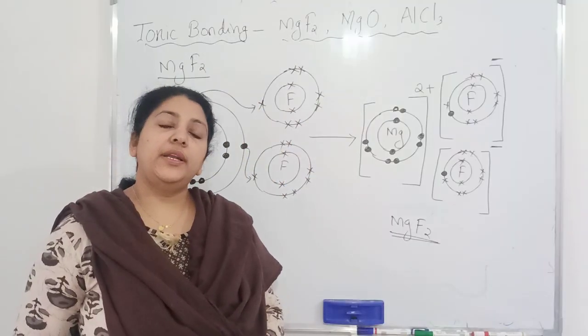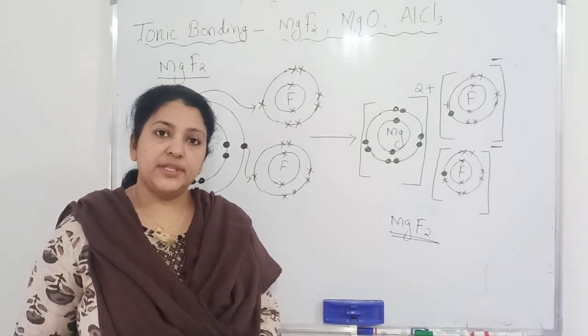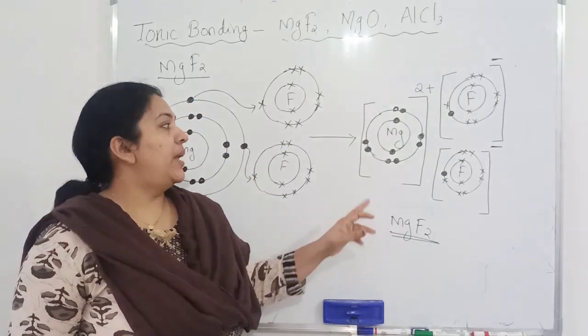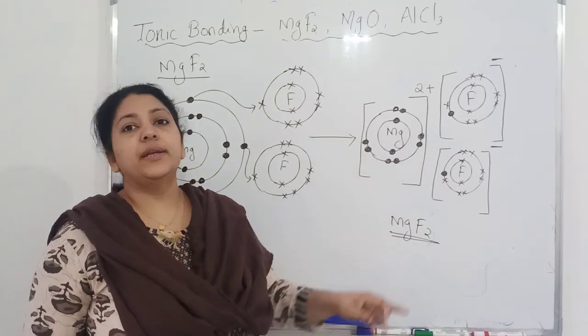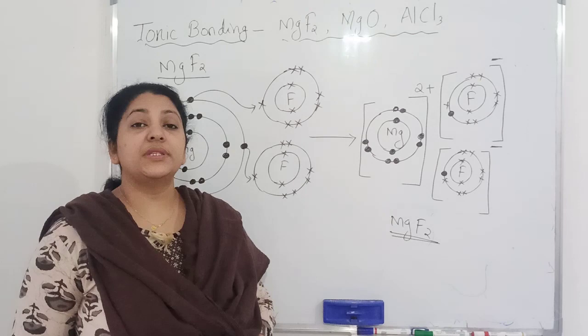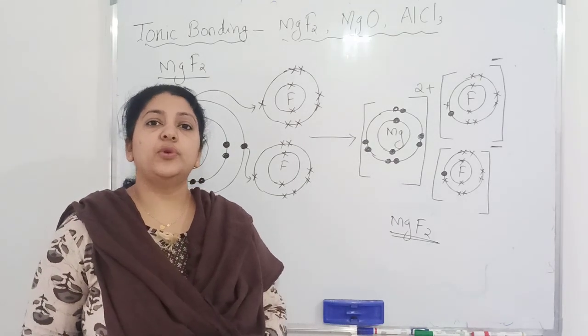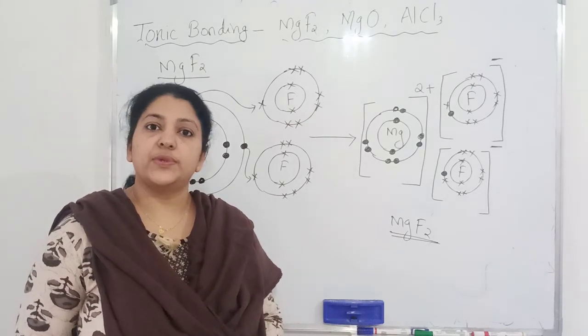How can we define an ionic bonding? Yes, an ionic bonding can be defined in this way. That is, when a metal and a non-metal react with each other, the metal loses electrons to become positively charged ions, and the non-metals gain electrons to become negatively charged ions.